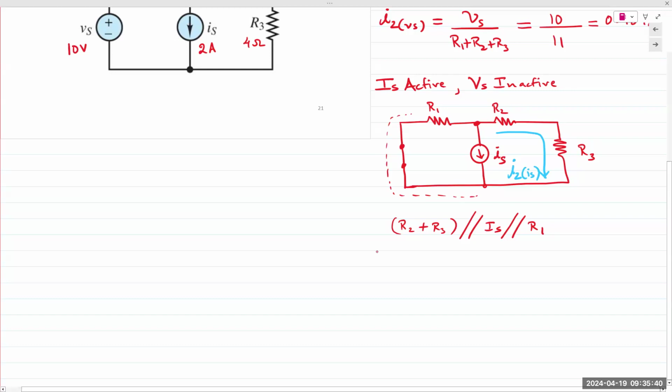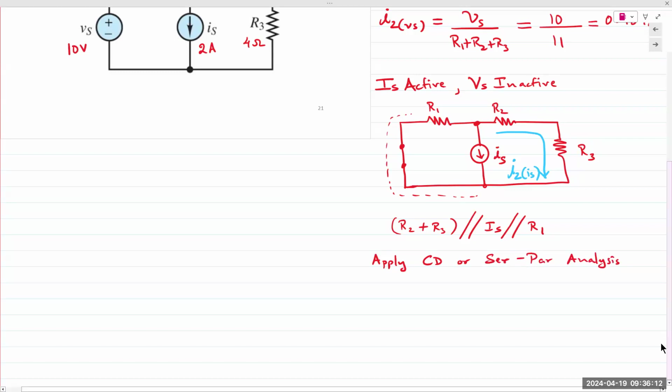So you can apply current division, or you could reduce R1, R2, R3 to one single resistance, find the voltage, and then apply Ohm's law again, find current that way. Doesn't really matter. So apply current division or series parallel analysis. Current division simply allows you to find it one-step answer.